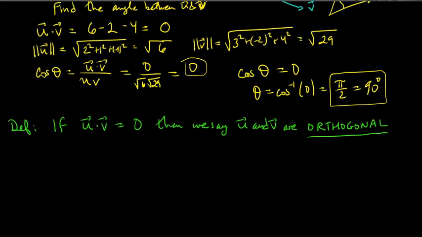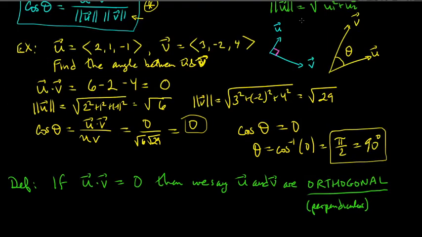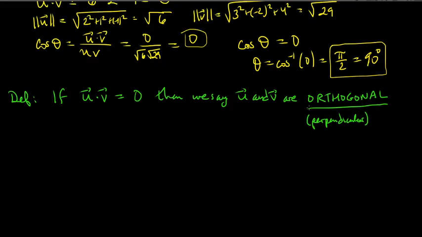Okay? And so you might ask, why don't we just say the two vectors are perpendicular? Well, perpendicular usually refers to lines or arrows in this case. So we can say the arrows are perpendicular. The geometric representation of the arrows, right, are perpendicular. But the vectors themselves are orthogonal.